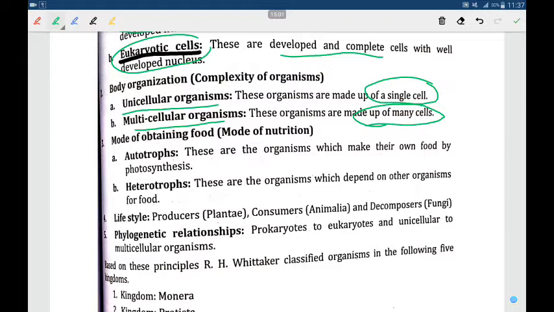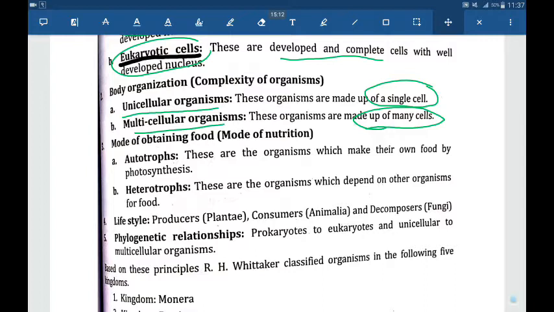They are called multicellular. Example of unicellular organism: bacteria. Example of multicellular organism? Human beings, birds, etc. Okay. So bacteria, unicellular; whale, dolphin, human, multicellular.